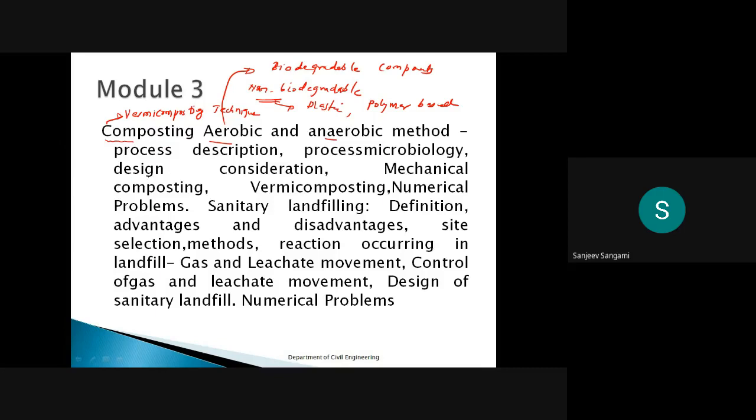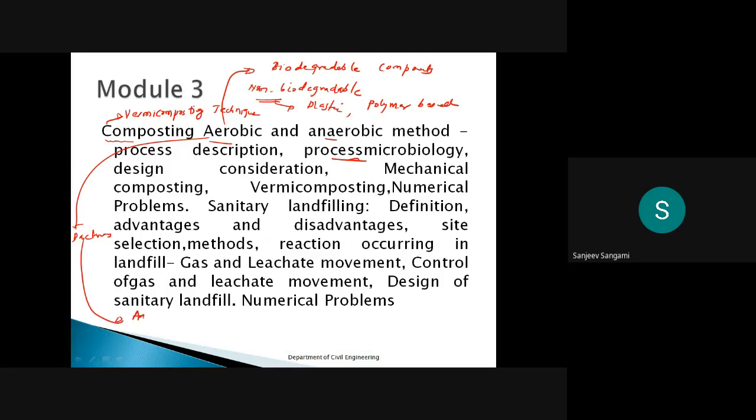It is either through an aerobic process or sometimes through an anaerobic process. Both processes we'll discuss in this module. Then process microbiology: what kind of bacteria are involved in the anaerobic or aerobic process. Normally we have three types of bacteria.